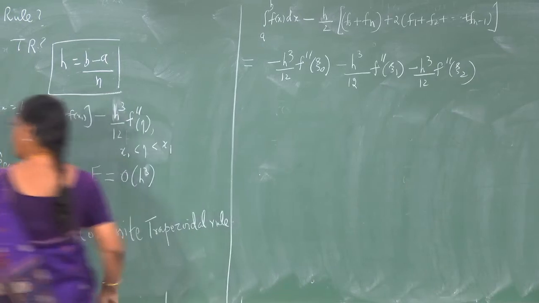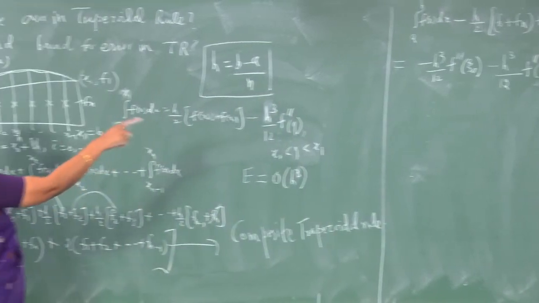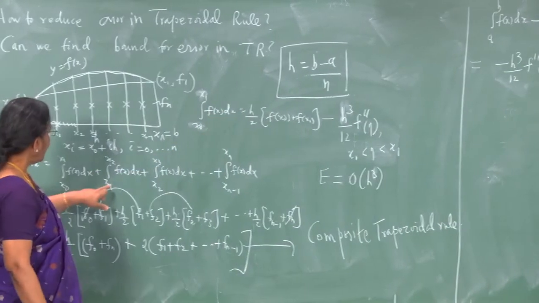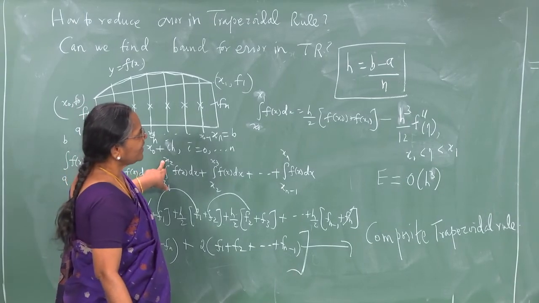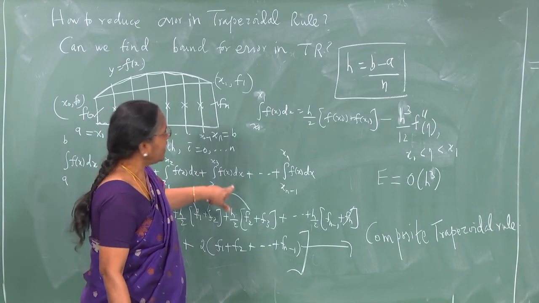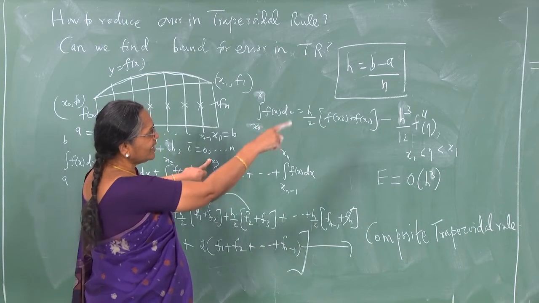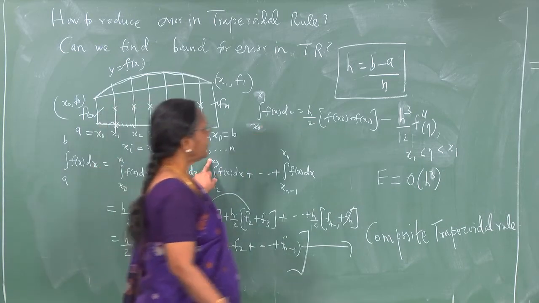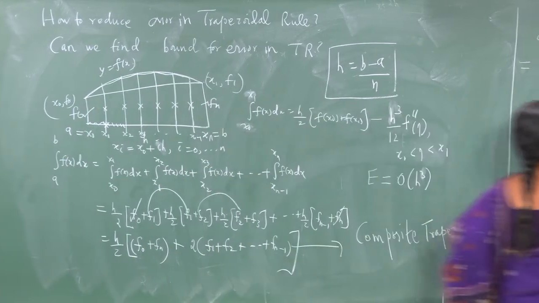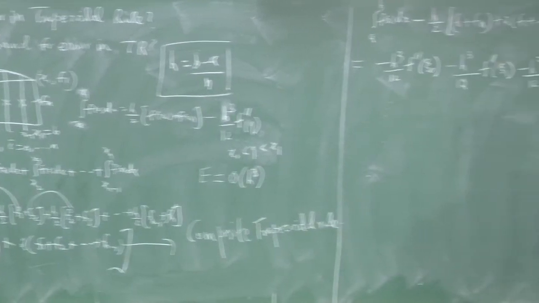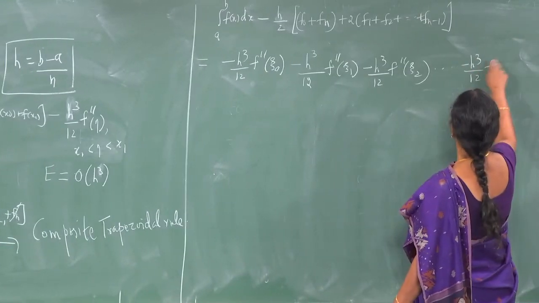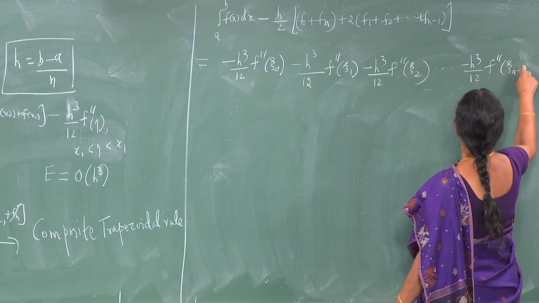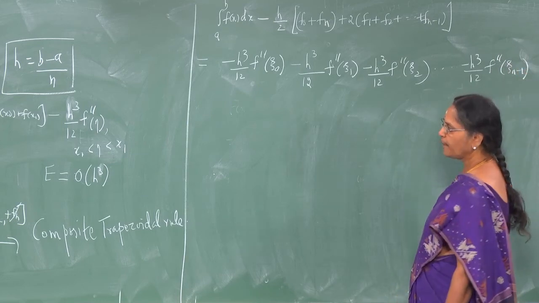So, between x naught and x1 the first term gives the error, x1 to x2 the second term gives the error, x2 to x3 the third term gives you the error. So, xn minus 1 to xn will give you minus h cubed by 12 into the second derivative at some psi n minus 1.